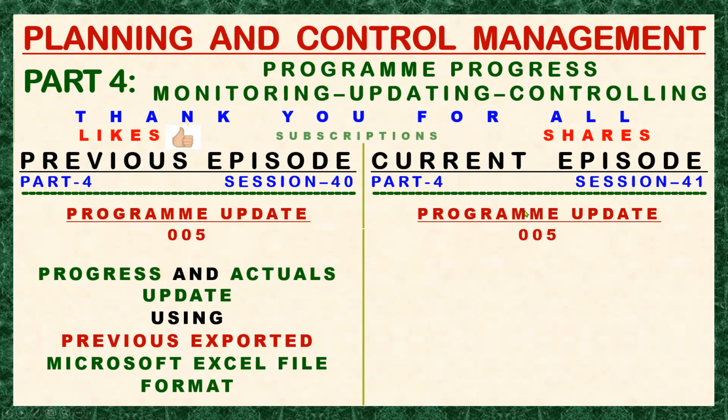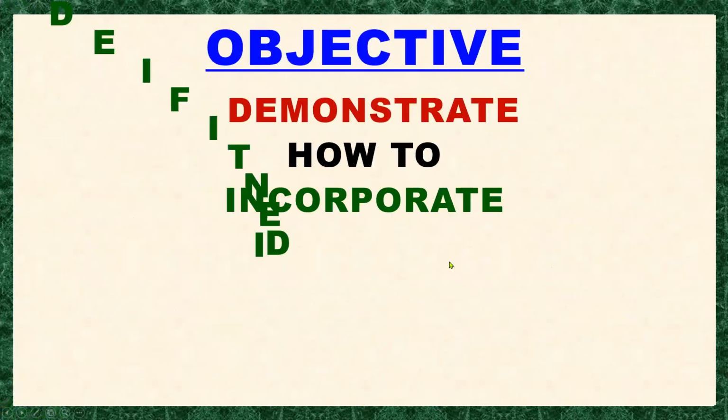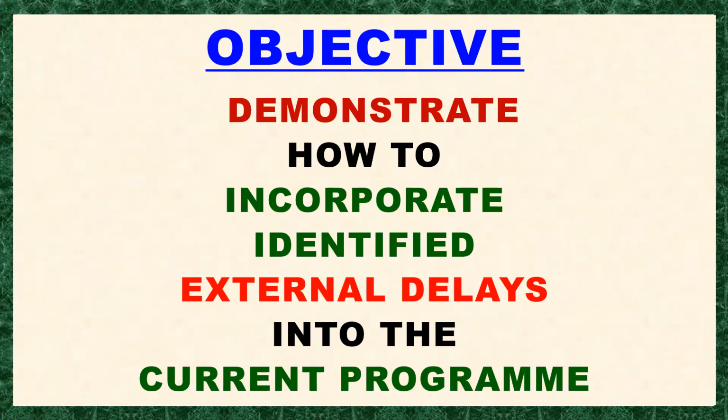Our current episode is Part 4, Session 41 for Program Update 005. We will be discussing how to incorporate identified external delays into the current program. Our objective is to demonstrate how to do this.